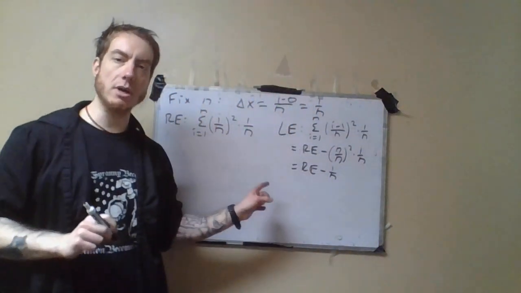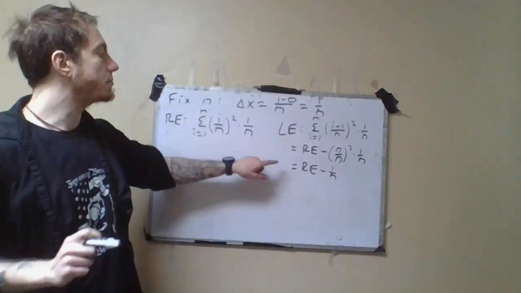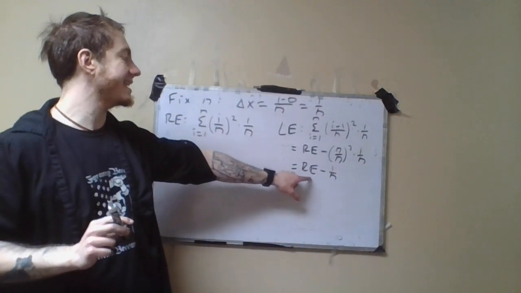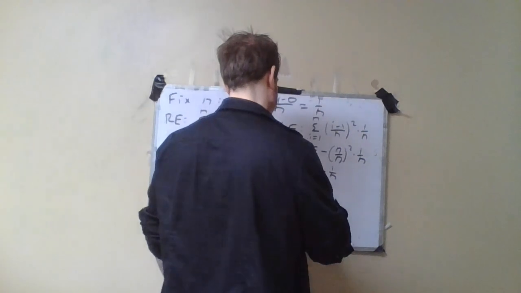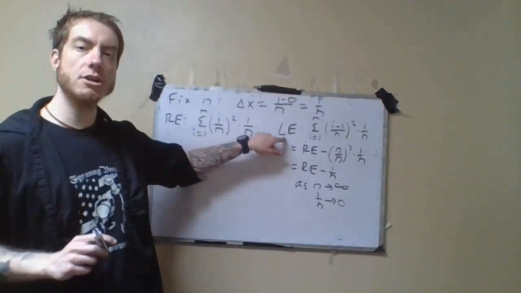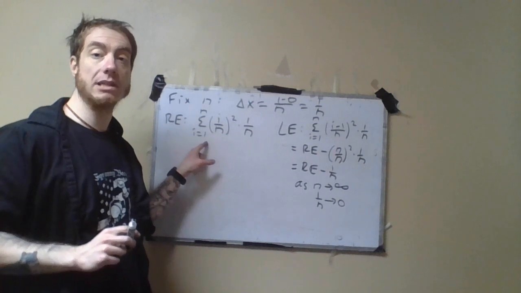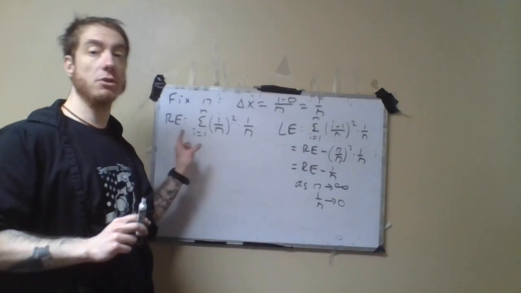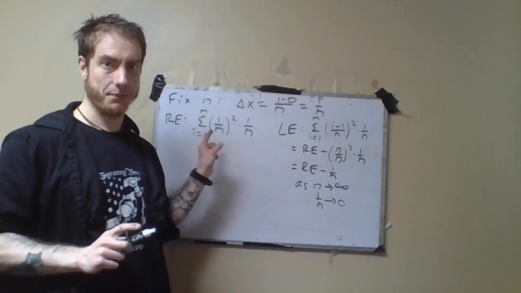Why is this important? The reason it's important is because notice that as n goes to infinity, 1 over n goes to 0. And so the limit of the left endpoints is going to be the same as the limit of the right endpoints, if the limit of the right endpoints exists.